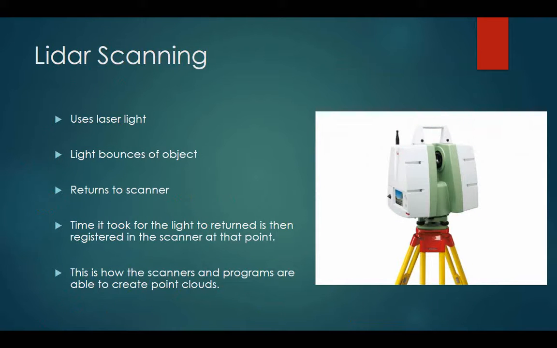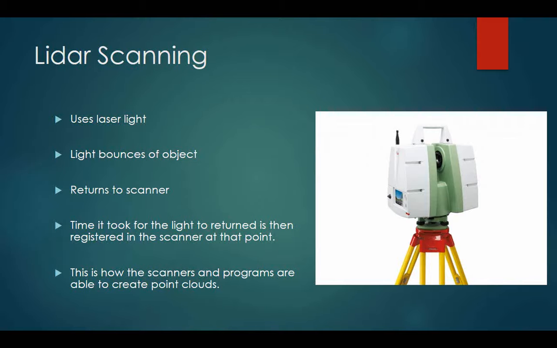A little bit about LiDAR. LiDAR uses laser light. The light is beamed from the LiDAR scanner, bounces off whatever surface, ground, or land is being scanned, and then returns.